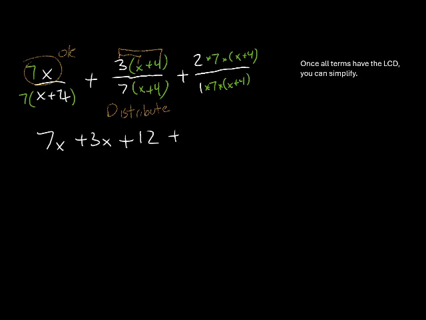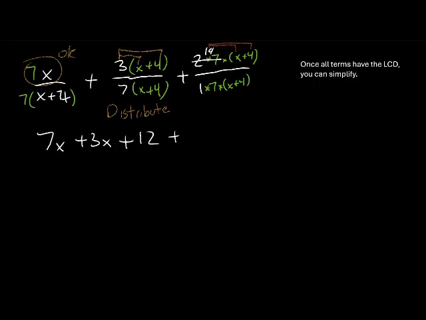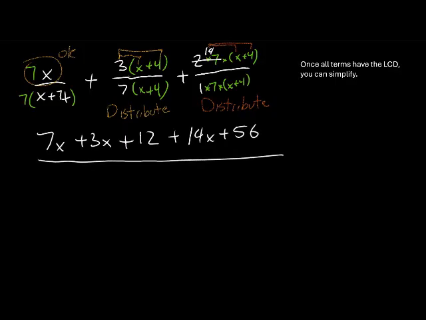We can identify that 2 times 7 is just the same thing as 14. And we'll take that 14 times x plus 4, and so we'll distribute again. 14 times x is 14x, and 14 times 4 is 56. All of these terms will be over the LCD, and that's 7 times x plus 4.